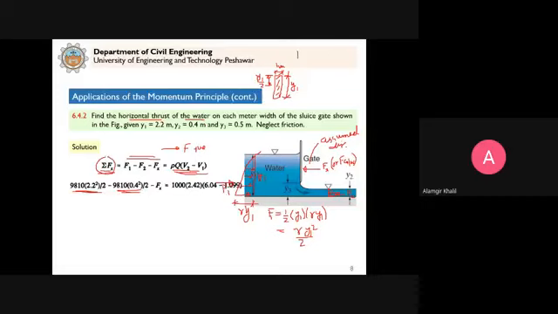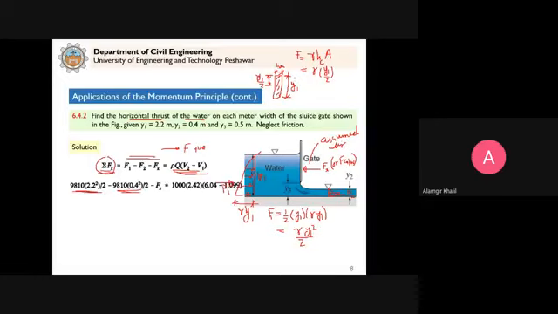Now you already studied in fluid mechanics that the total force acting on this is equal to gamma into hc, the depth of centroid, into area A. So what we have is gamma. What is the depth of centroid? y1 by 2.